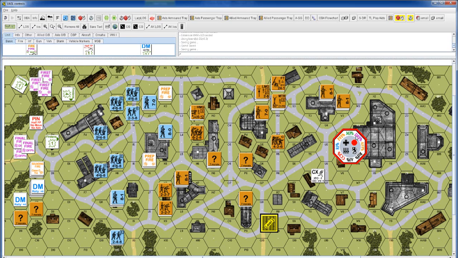These two phases, I would say, are one of the most important things in ASL to understand and be able to operate and perform correctly to be successful in your ASL scenarios.